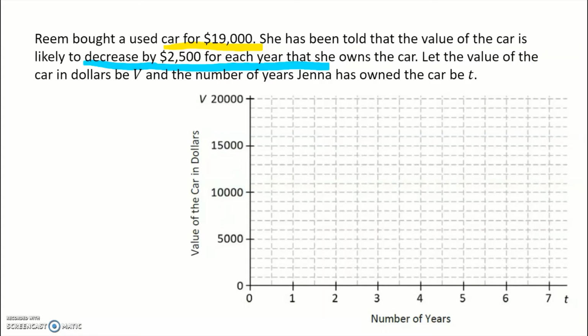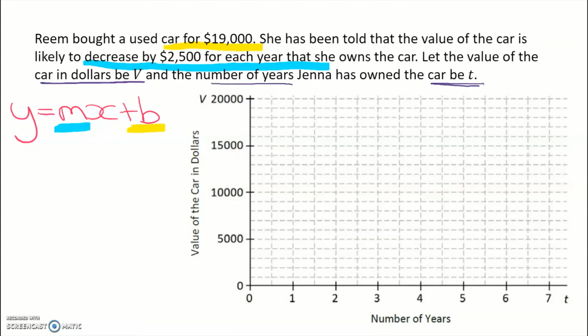So we can set up a linear equation, and remember that that is y equals mx plus b, where m is our rate of change and b is our initial value or y-intercept. For this particular scenario though, they want us to use v for dollars and t for number of years.